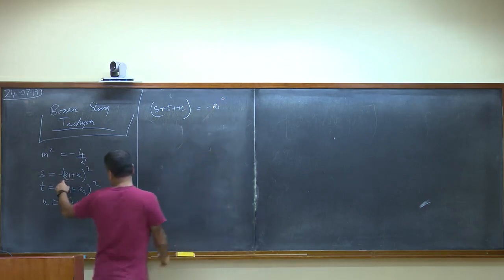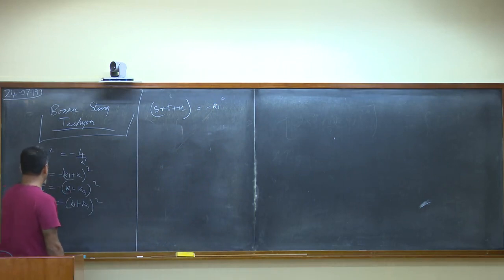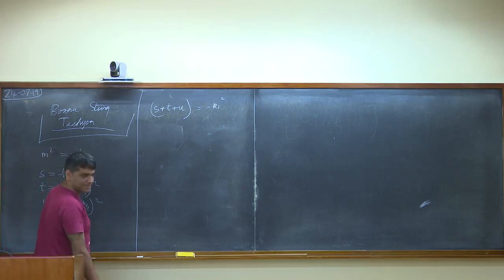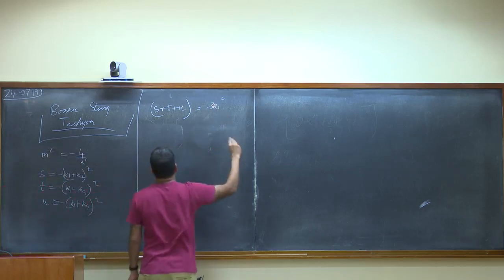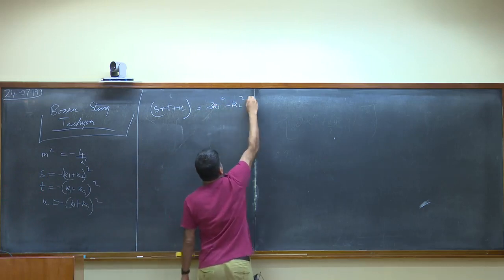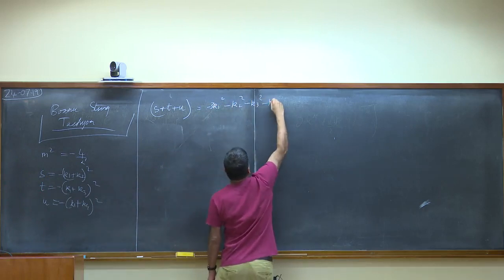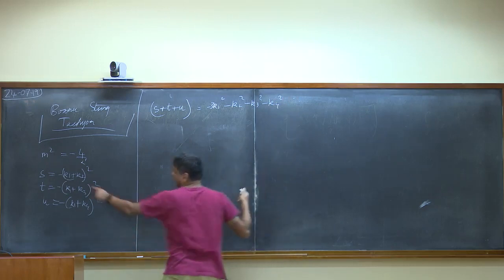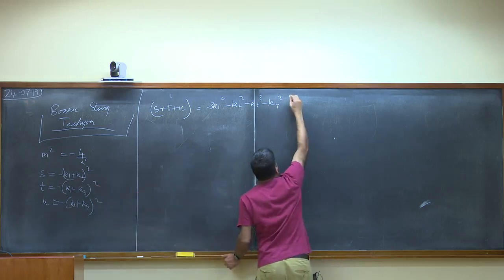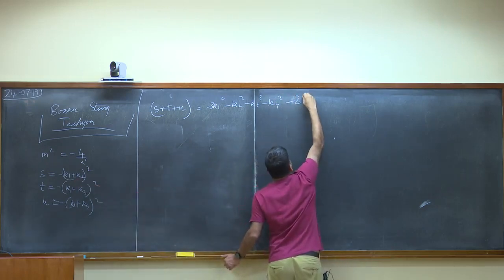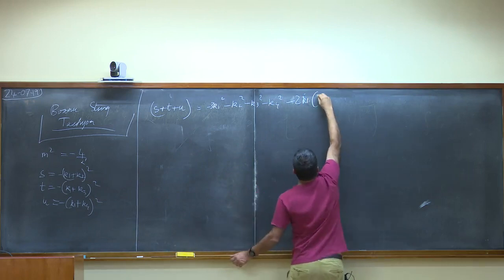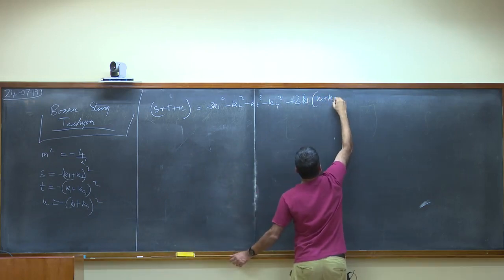You see, everywhere that we have this, we have K1 squared, and that will appear 3 times. Then we'll have minus K2 squared, minus K3 squared, minus K4 squared. And then we will have minus 2 K1 dot (K2 plus K3 plus K4).